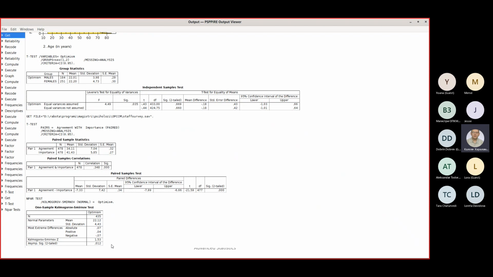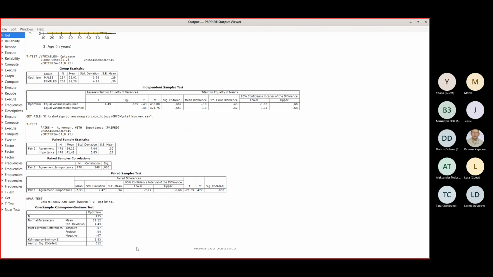That means 1.2%. 1.2% is smaller than 5%. That means that we must accept alternative hypothesis, and that means that empirical distribution and normal distribution are not the same. They are different.